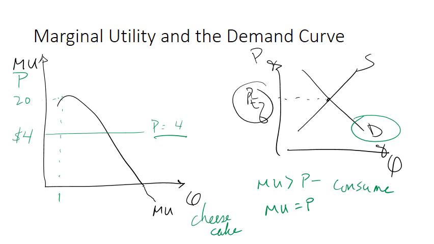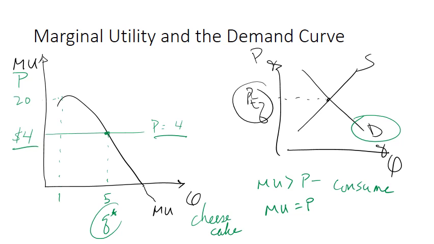And on our table, MU finally fell to 4 at unit number 5. So we could talk about this as our Q star if you want. It's the amount of cheesecake that this person would buy if the price were $4. Right?